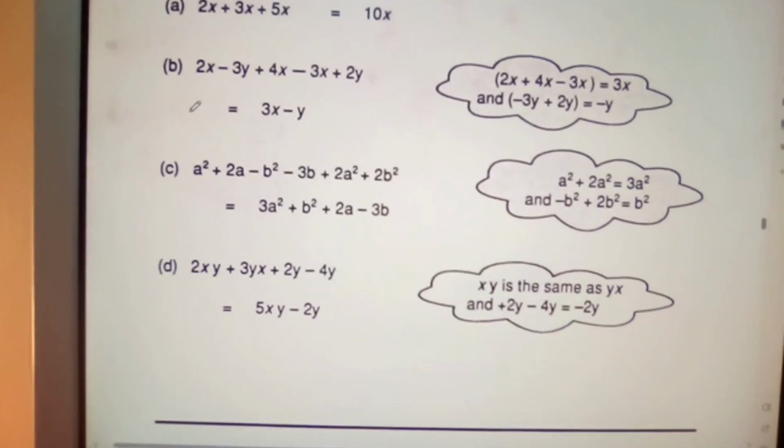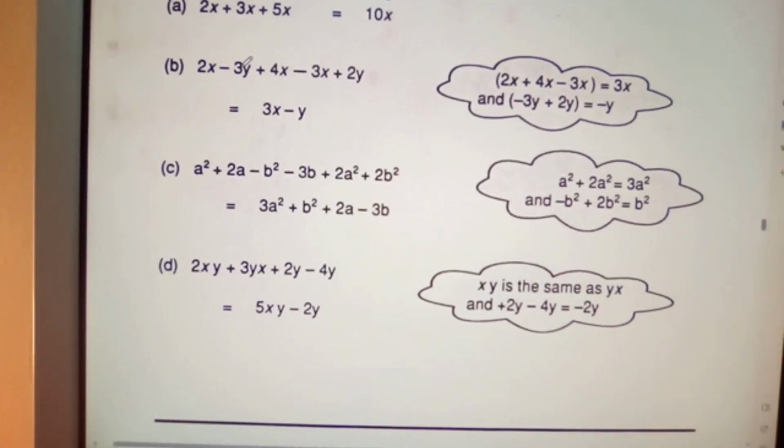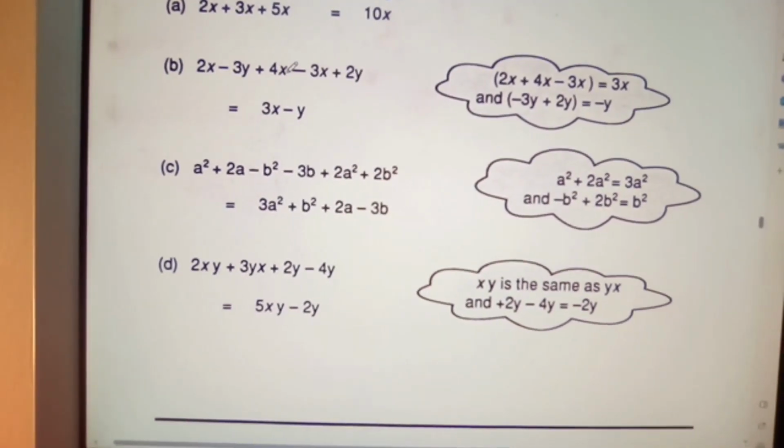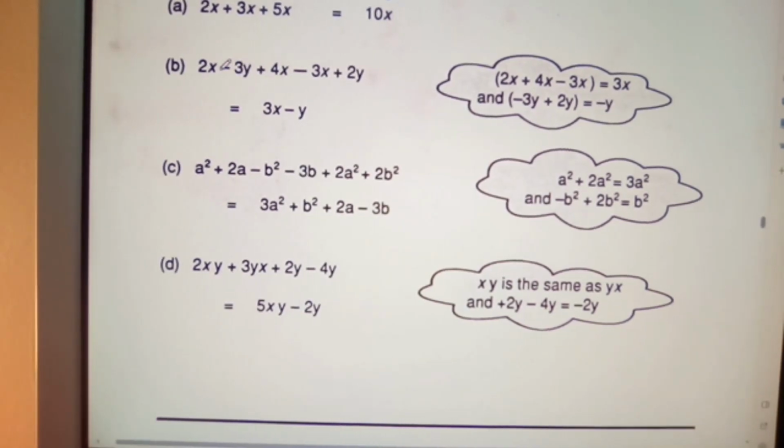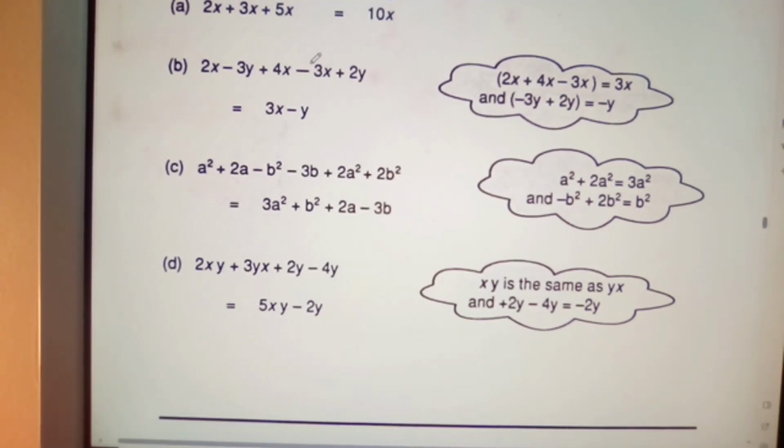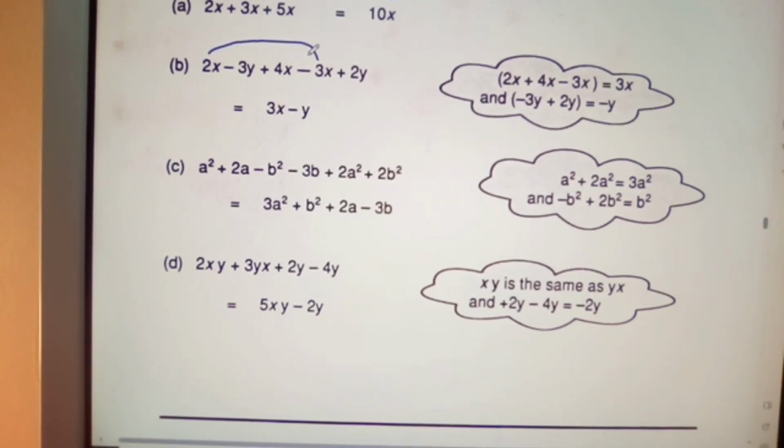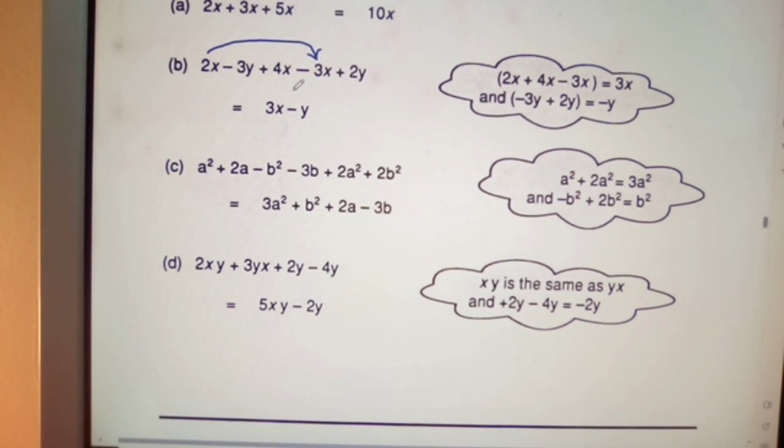So I'm just looking at it from a different perspective, from the point that 2x minus 3x leaves me 1x.